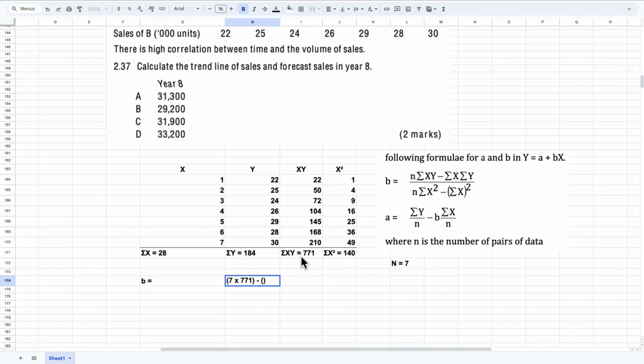Then take away sigma x, that is 28, times sigma y, that is 184. Give me a second.